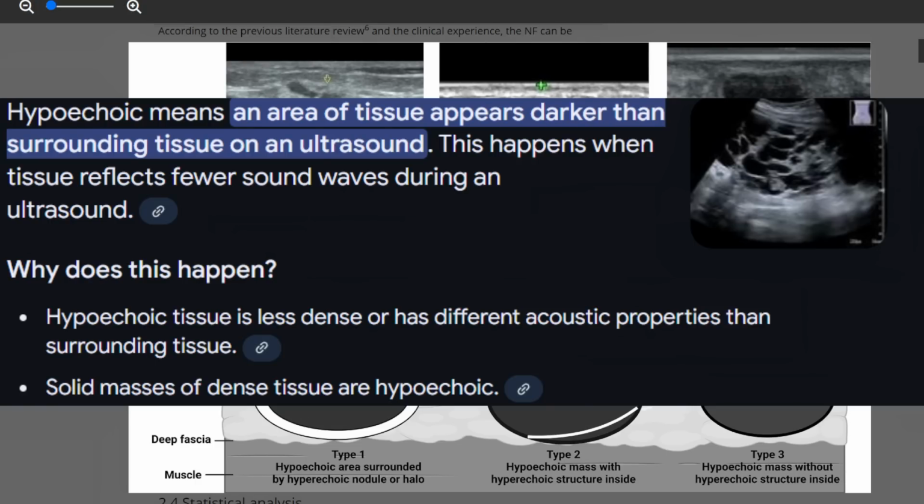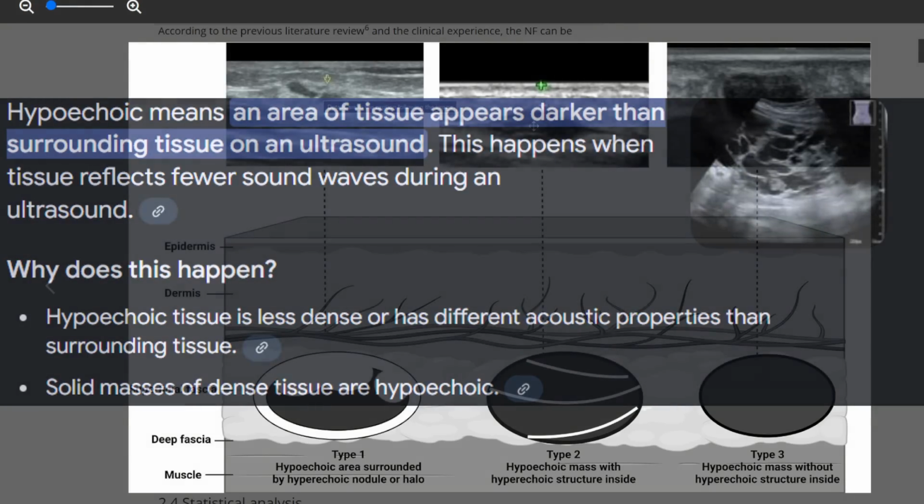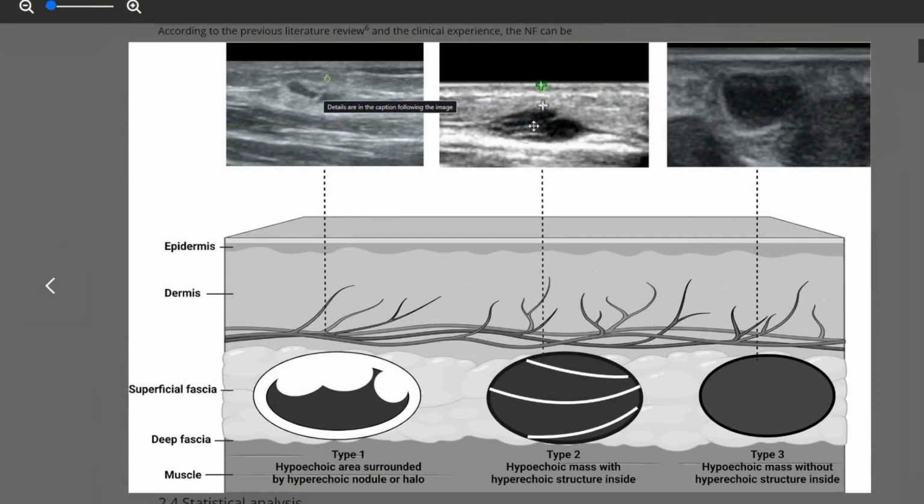And in the type 2 hypoechoic mass, you can see that it's bigger and there's less structural integrity, or less mass that's reflecting the sound waves back to the machine in order to make that image, right?